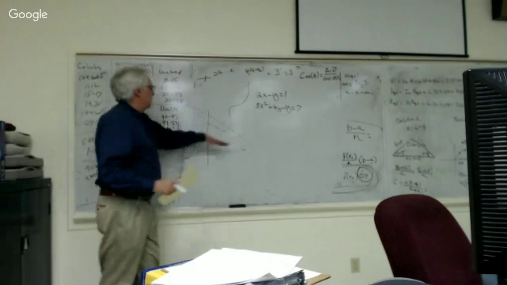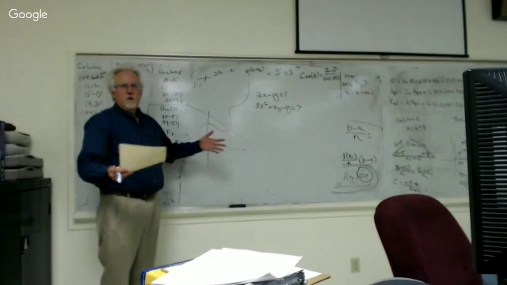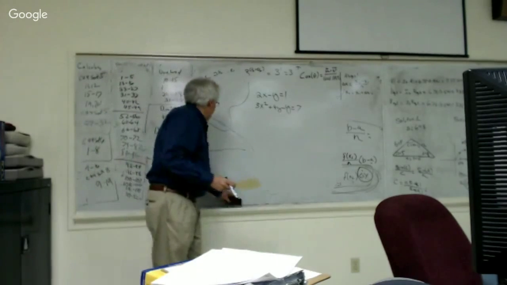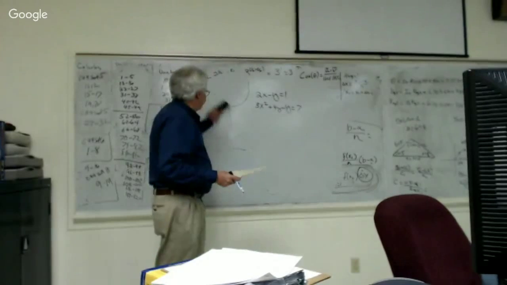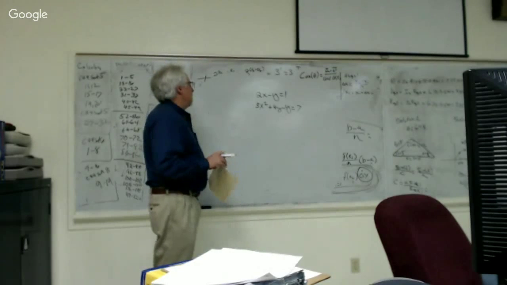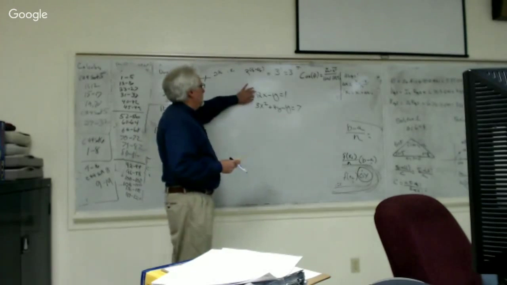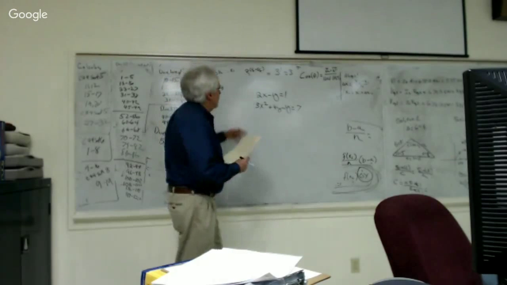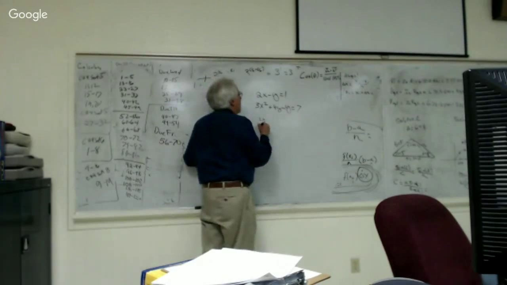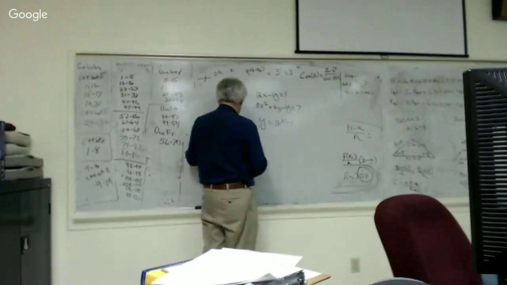If you graph the 2 things, the solution is still where they intersect. So you can always do it by graphing. But graphing is not usually the way you want to work things. So probably we would want to do it by substitution. What do we want to solve for here? The y. So y is equal to what?